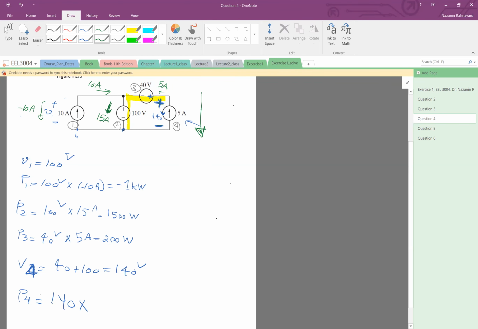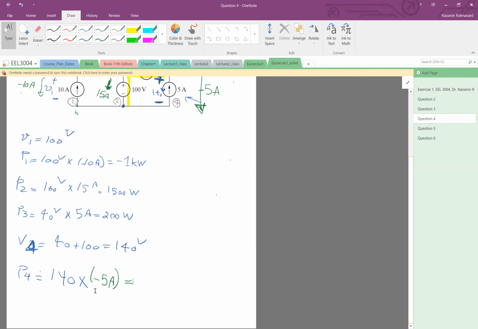So if 5 amp is going up, negative 5 amp is going down. And this amount is negative 700 watts. Okay, so these are the powers that we have for all the elements.